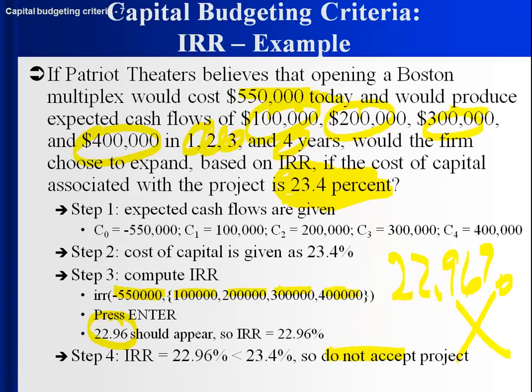Here, it's a much riskier project, and even though you got a really nice IRR of 22.96%, you could still do better in the stock market or in the bond market, in the financial markets, where for the level of risk of this Boston multiplex, you could get stocks and bonds with 23.4. So it highlights how it's not the same benchmark for every project, but that the benchmark is project specific based on the risk of that project.